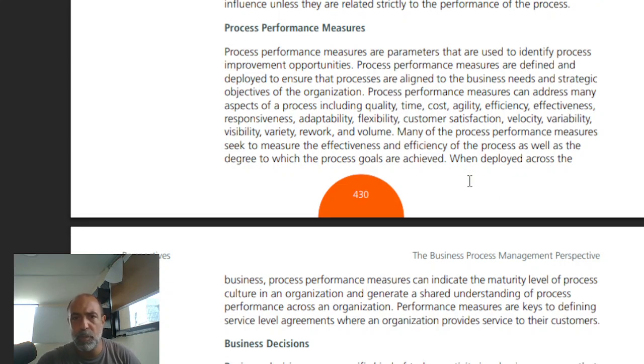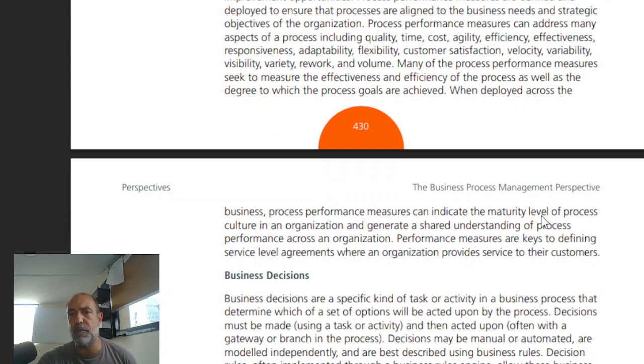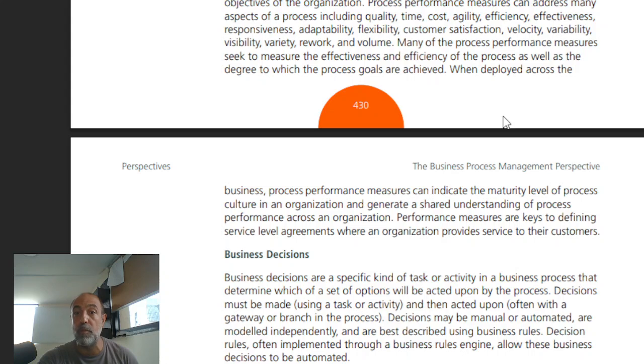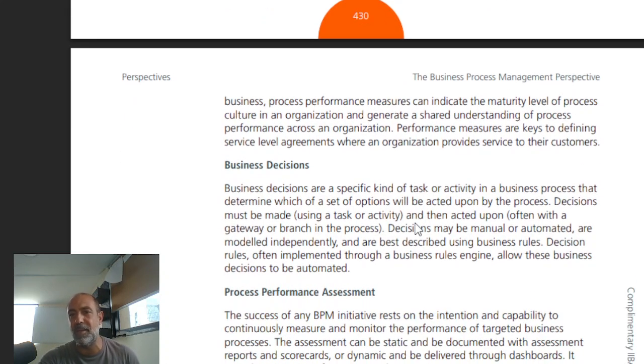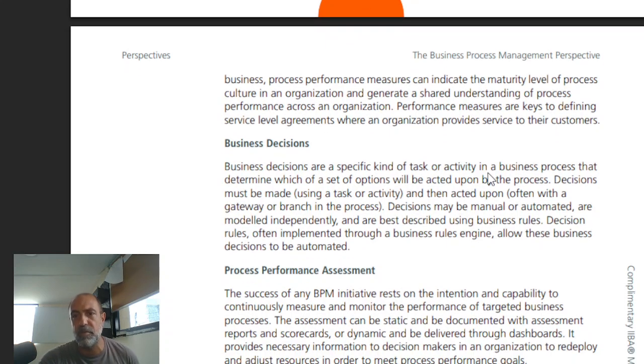Many of the process performance measures seek to measure the effectiveness and efficiency of the process, as well as the degree to which the process goals are achieved. When deployed across the business, process performance measures can indicate the maturity level of a process and culture in the organization, and generate a shared understanding of process performance across the organization. Performance measures are key to defining service level agreements where the organization provides service for their customers.